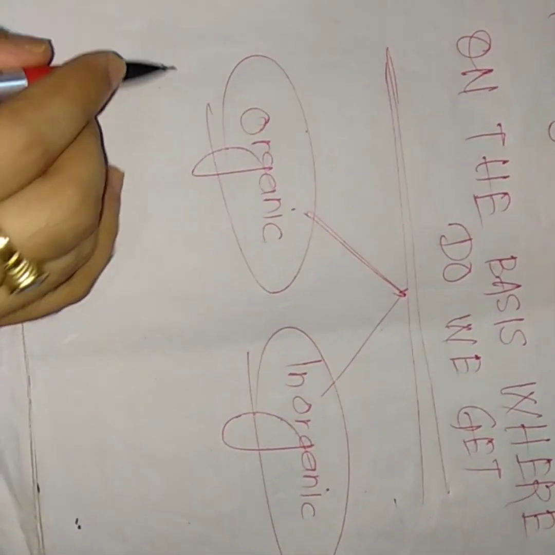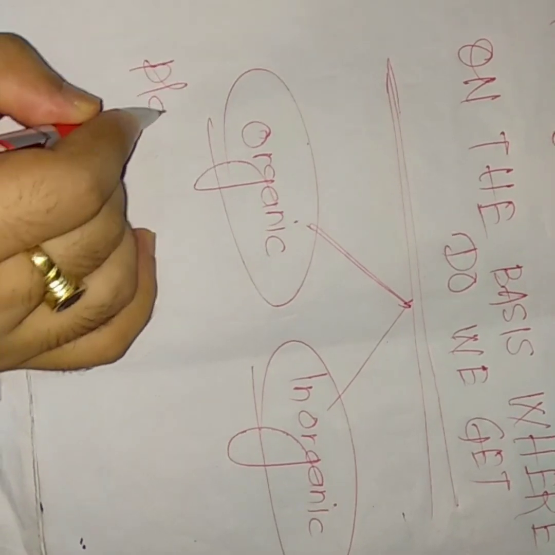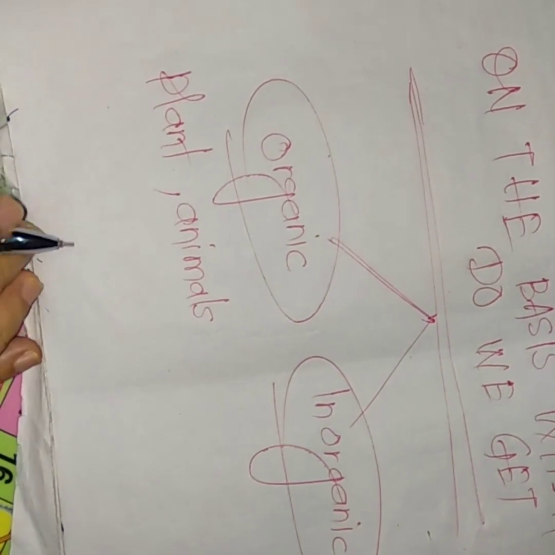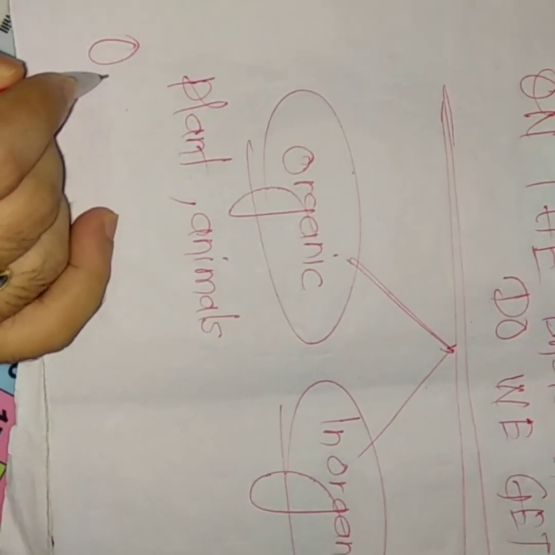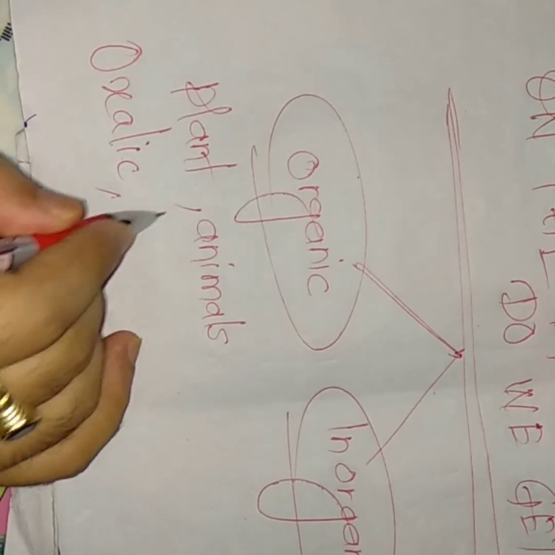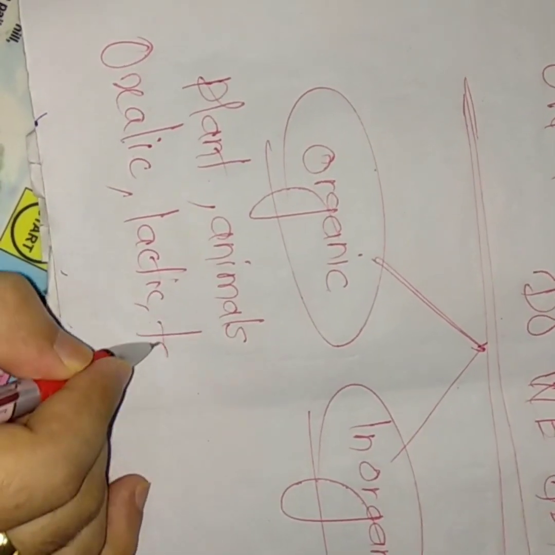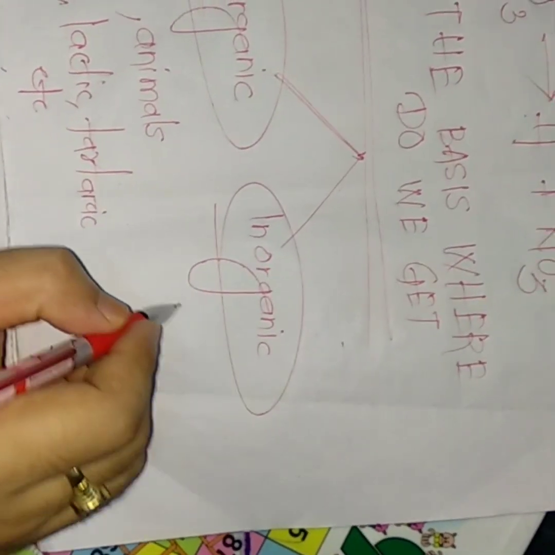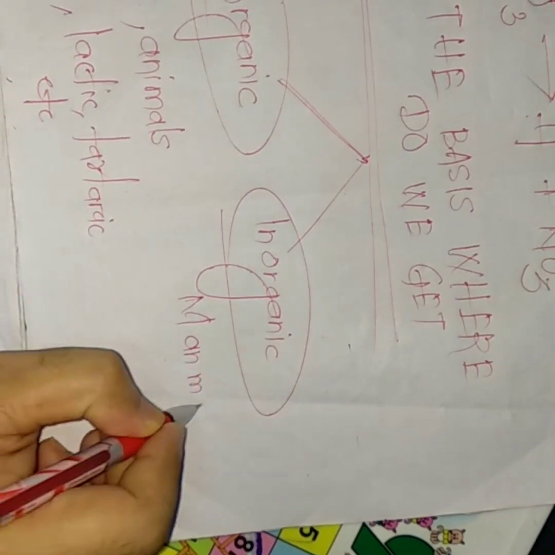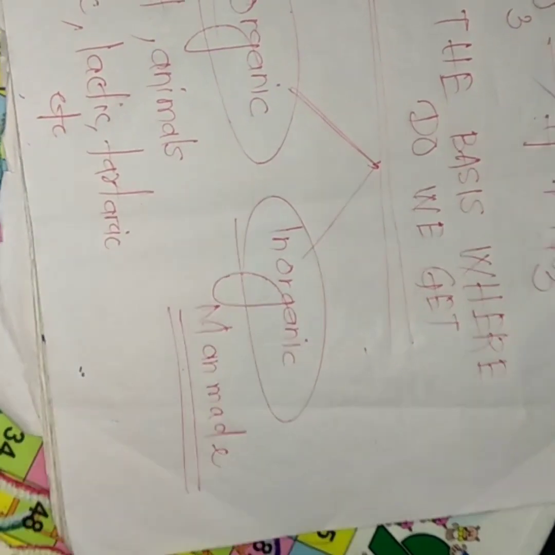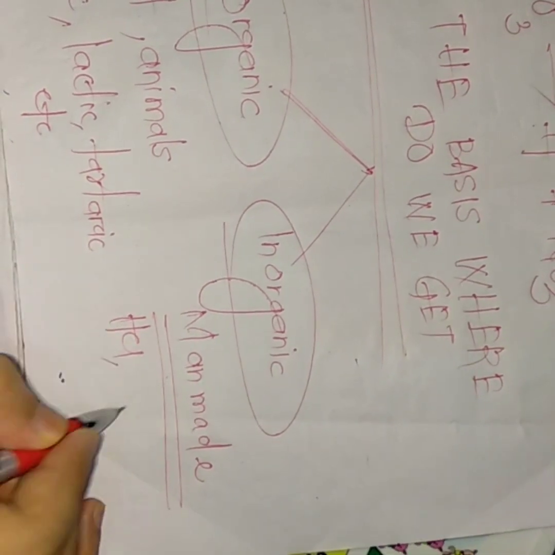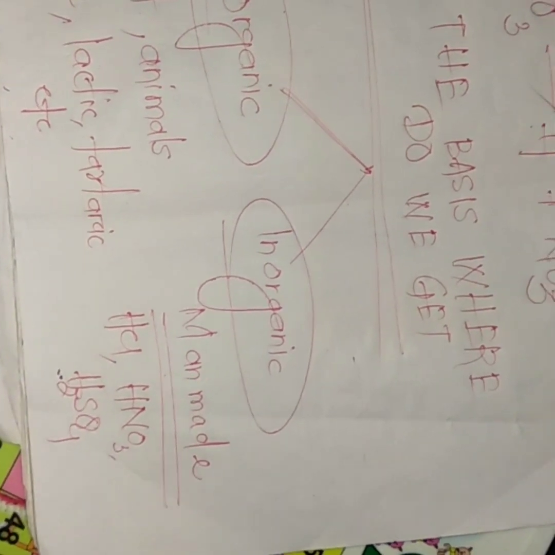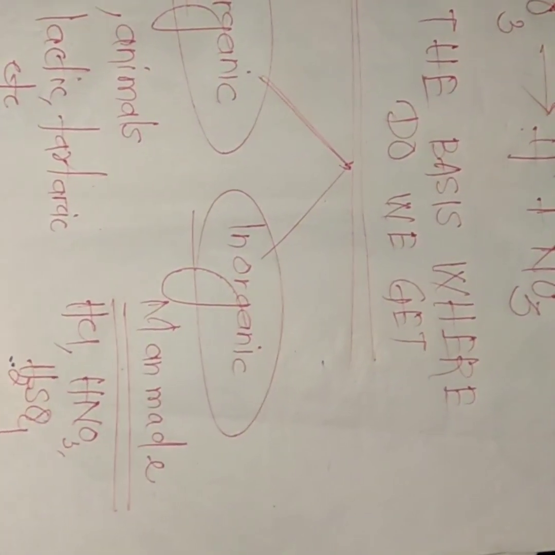Organic acid is the acid that we get from plants and animals. For example, oxalic acid, lactic acid, tartaric acid, etc. And inorganic acids are man-made acids. For example, hydrochloric acid, nitric acid, sulfuric acid, etc. They are completely known as your inorganic acids. Clear?